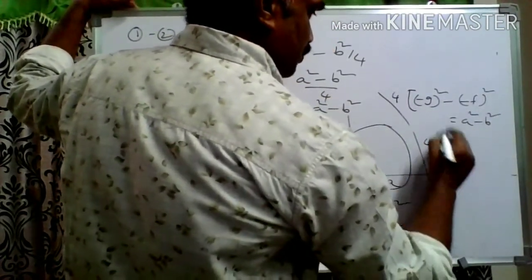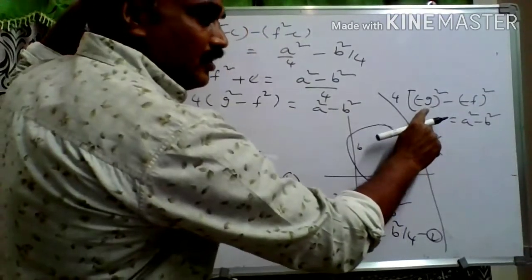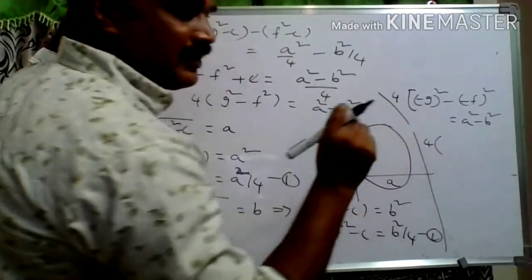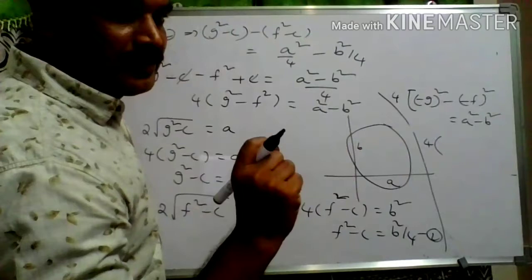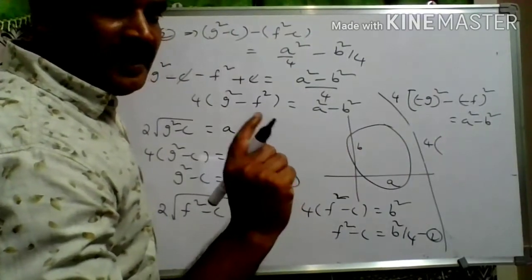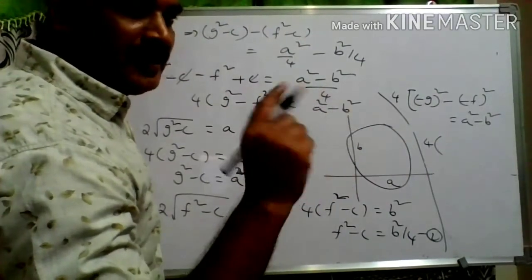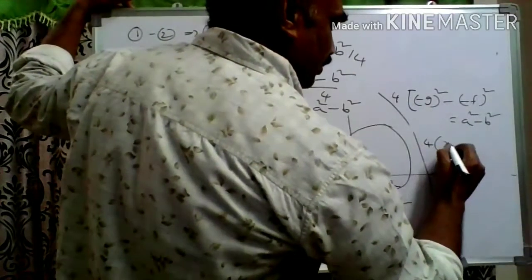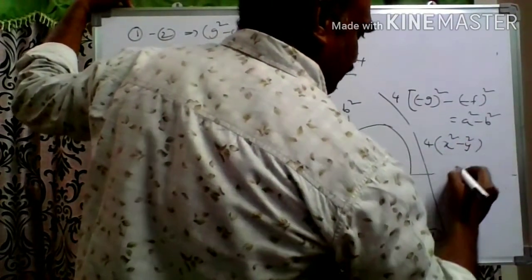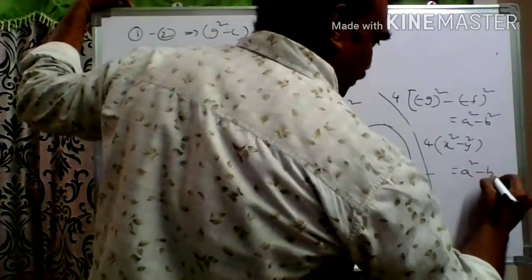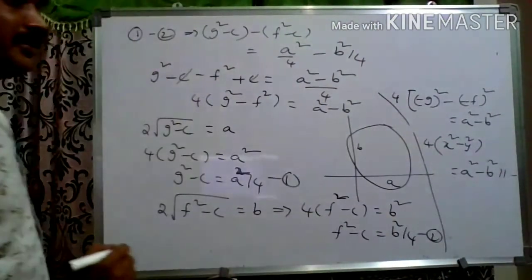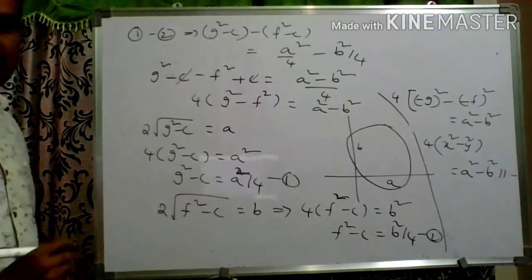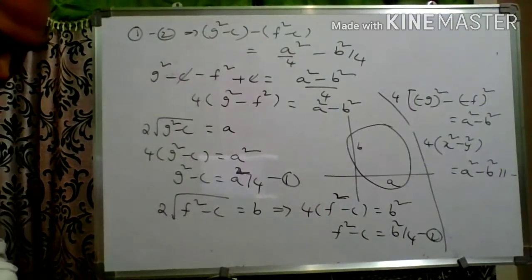The center is minus g comma minus f, so the locus of center is: replace minus g by x and minus f by y. So 4 into x square minus y square is equal to a square minus b square.